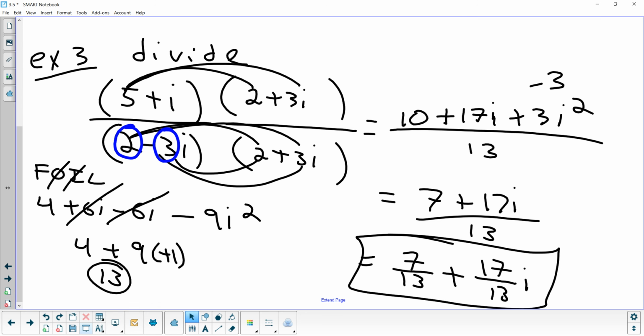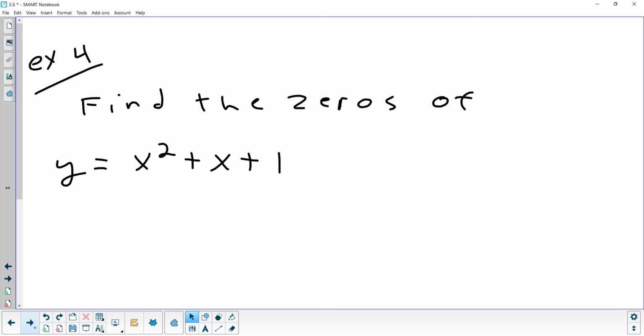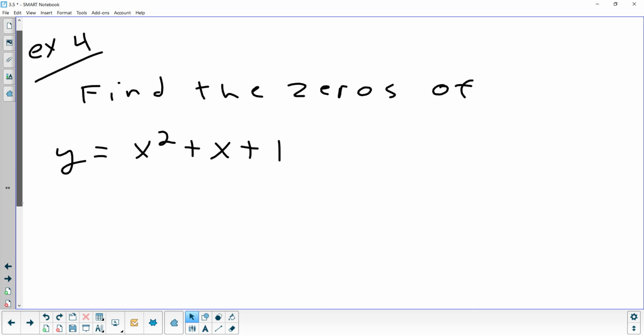All right, so now we're going to try a few problems that go back to what we did in 3.4, setting an equation equal to 0 and finding the roots. Except now, keep in mind, roots can be imaginary. So whenever we have to solve a polynomial, what's the highest degree polynomial that we like to work with?